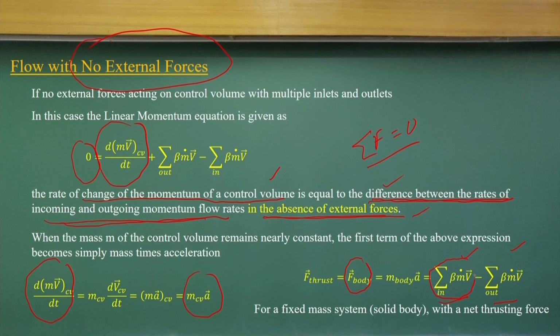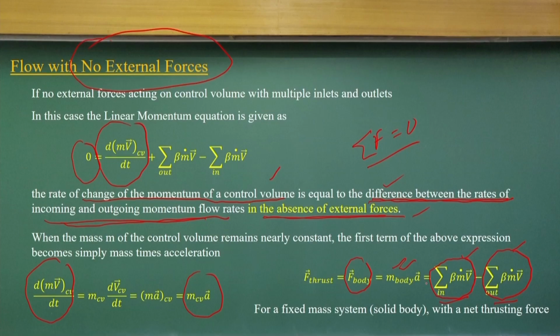So, you can find the net momentum fluxes going in and out of the system, which will be equated to the mass of the body, m body, times its acceleration, if there is no external force acting or the net thrusting force is fixed. We mostly use these equations when launching rockets: the net momentum flux is equated to the acceleration of the body. I will solve one of the problems based on this concept.